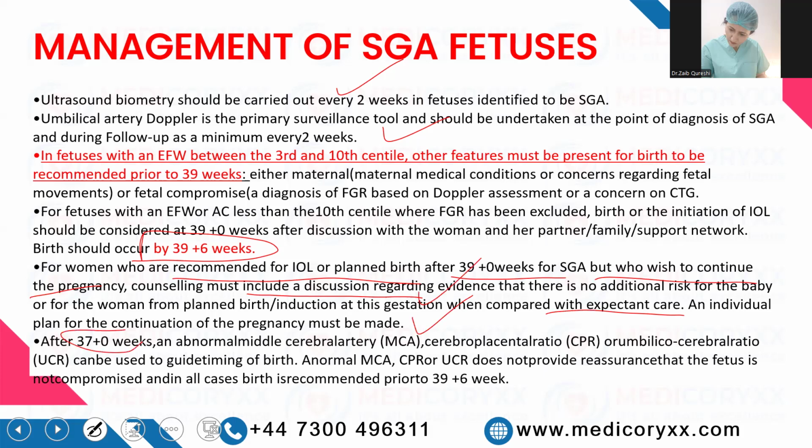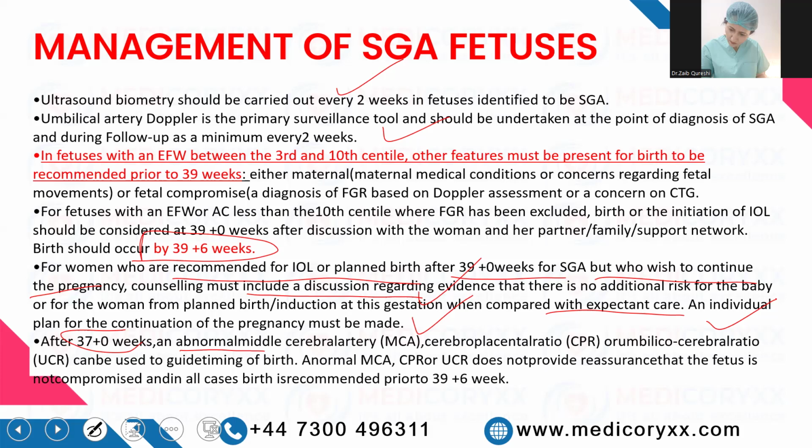After 37 weeks, abnormal middle cerebral artery or cerebroplacental ratio or umbilico-cerebral ratio, UCR, can be used to guide timing of the birth. This is pretty new, because previously we were just using what to time birth? Ductus venosus Doppler. But ductus venosus Doppler was for preterm delivery.